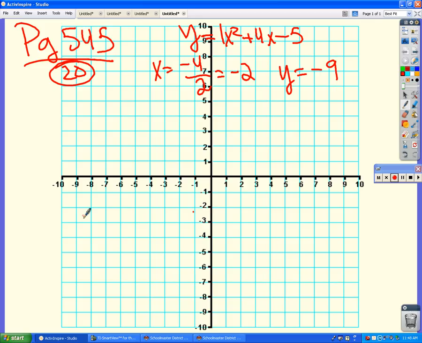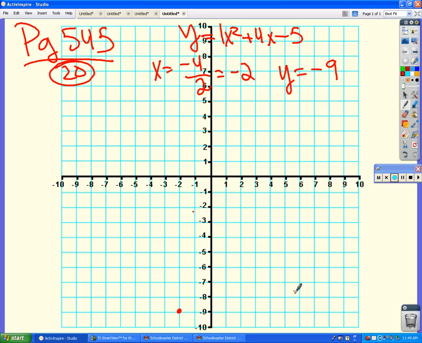All right, negative 2, negative 9 means I go to the left 2 and down 9. And what is that point right there? That is the vertex. And so that is the middle of the parabola. Okay? What's another point that we know?